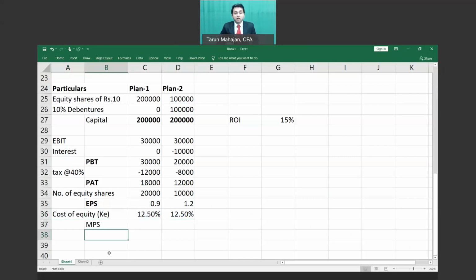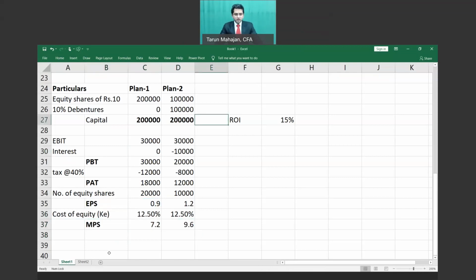Now try to recall the earning capitalization approach formula. P is equal to EPS divided by KE. So market price is equal to EPS divided by cost of equity. So here the market price per share will be 7.2 rupees. And in the second case, it is 9.6.